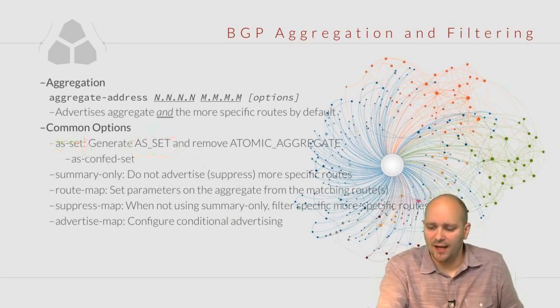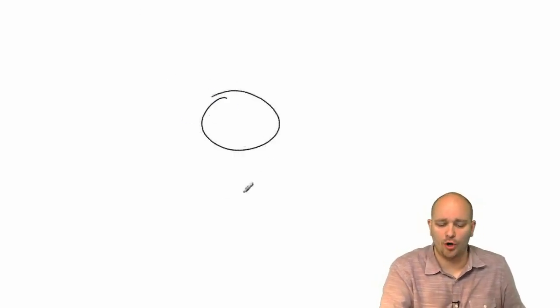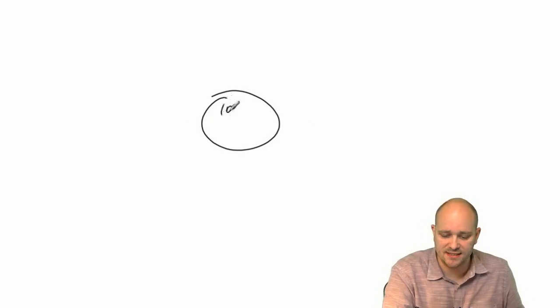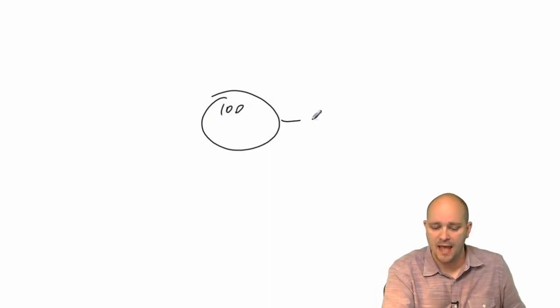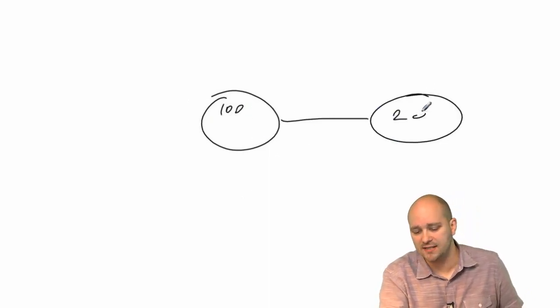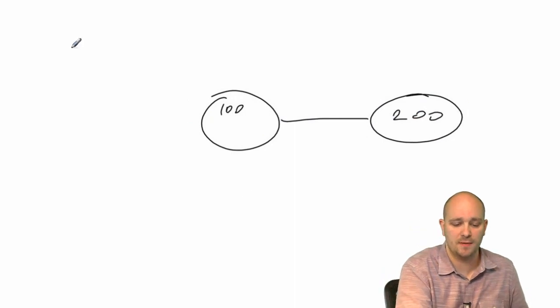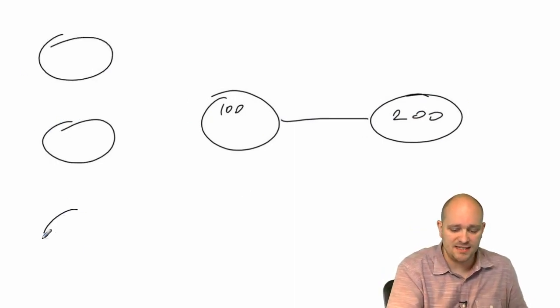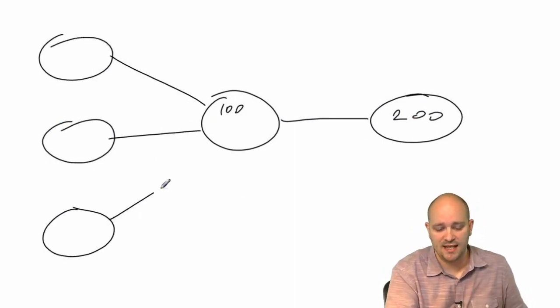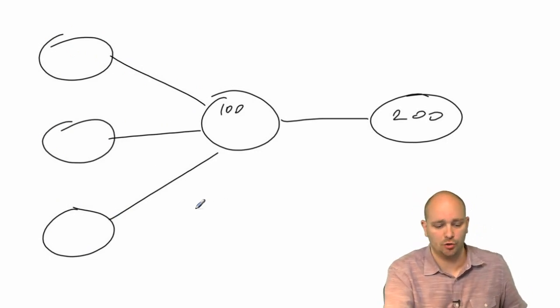Well, if we take a look at a possible scenario, let's say that we have our autonomous system here. Let's say that this is autonomous system 100. And this autonomous system 100 has the peering with AS 200. And this autonomous system here, let's say, has peerings with 3 other autonomous systems.